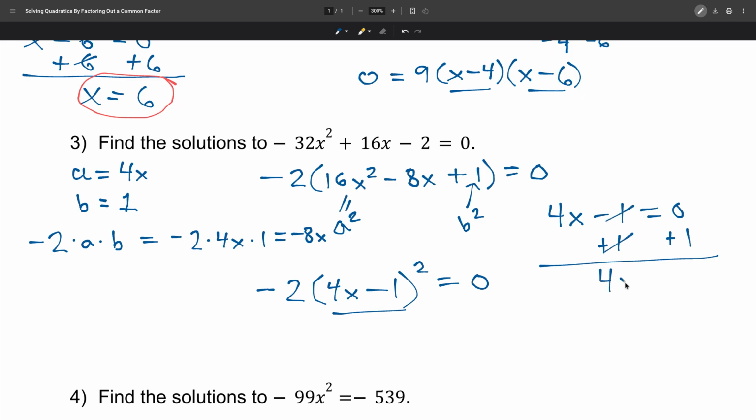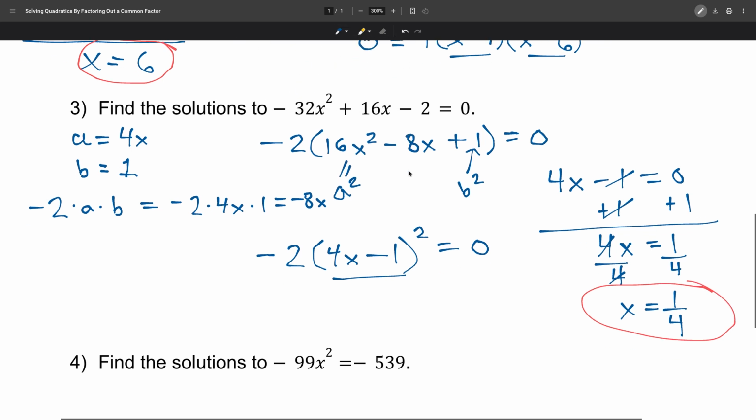So we got 4x equals 1. And then we'll divide both sides by 4. So 4 divided by 4 is 1. We get x equals 1/4. And that's our one unique real solution. x equals 1/4 for this one.